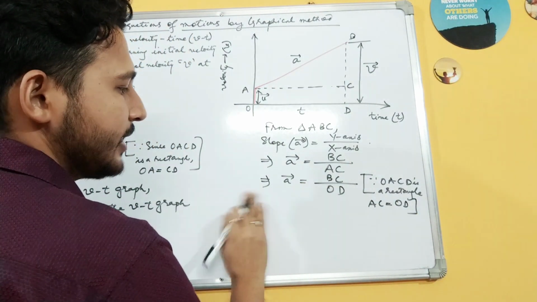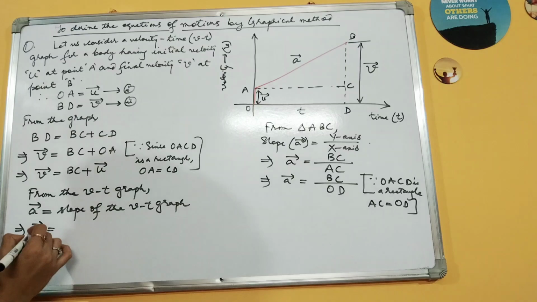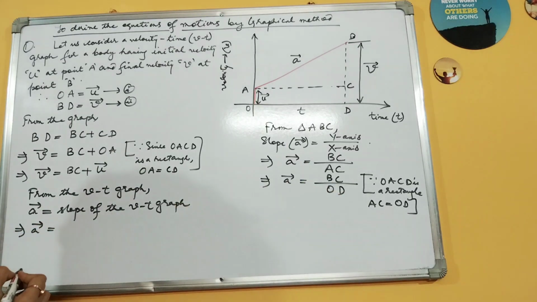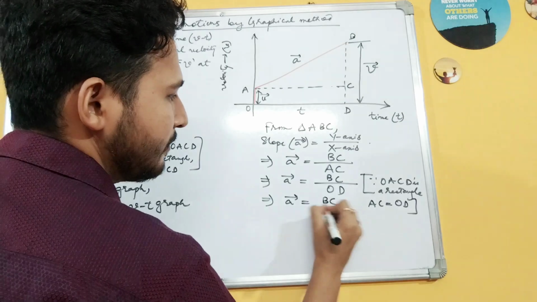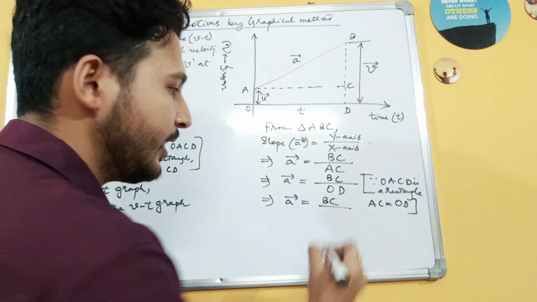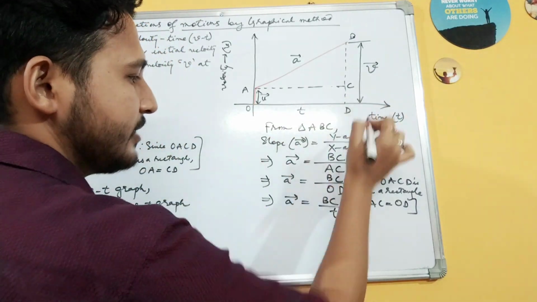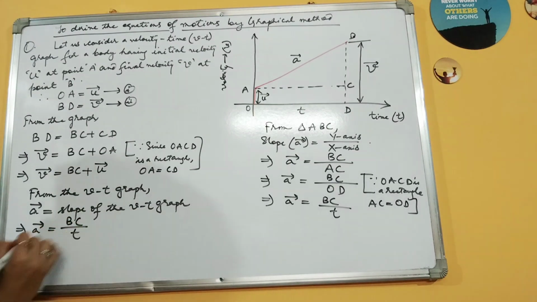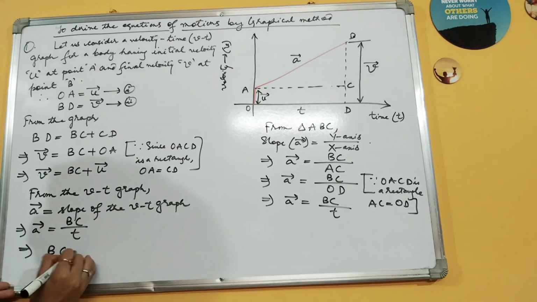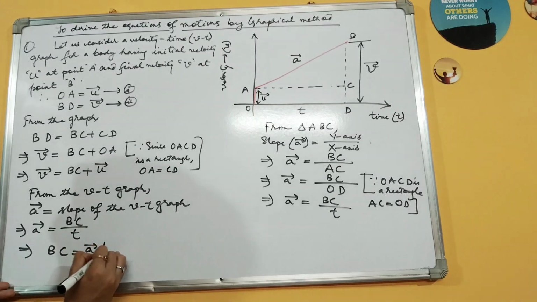So A bar is equal to BC by OD, and the value of OD is time, T, the time axis. A bar is equal to BC by T. Find the value of BC here. BC is equal to A bar T.